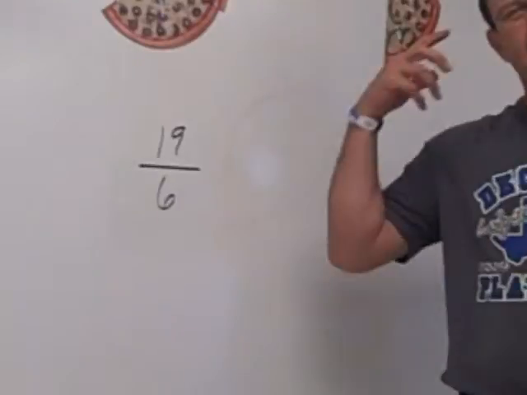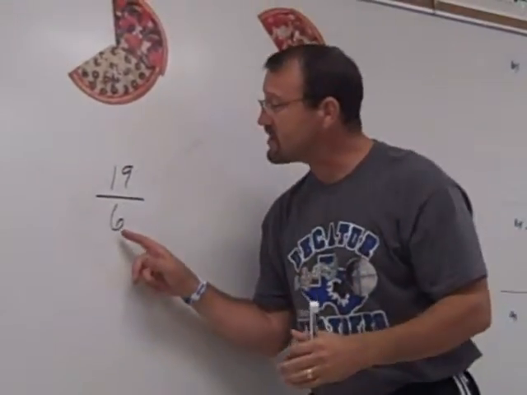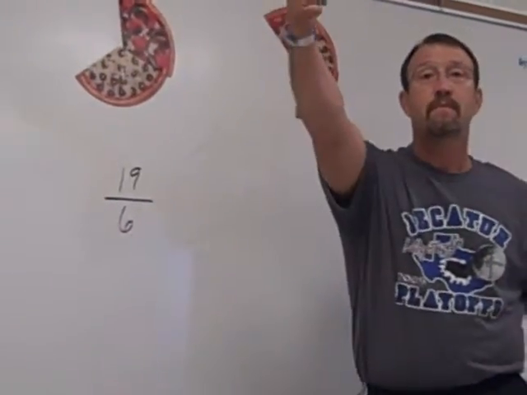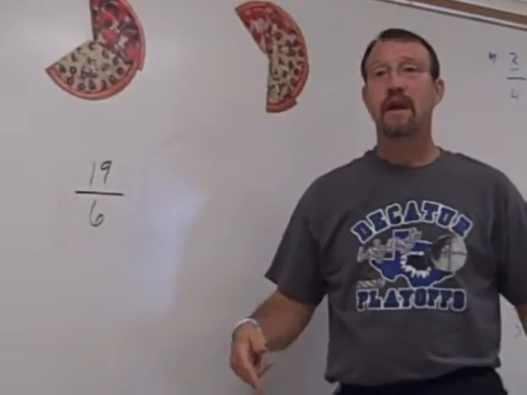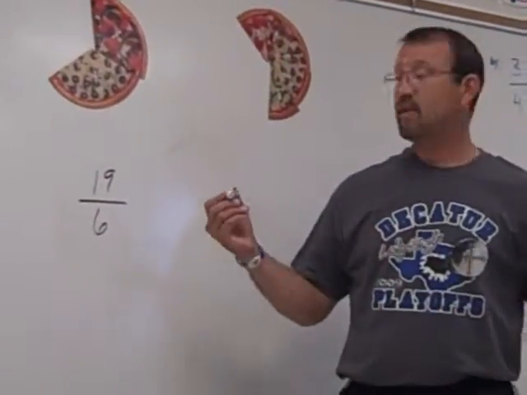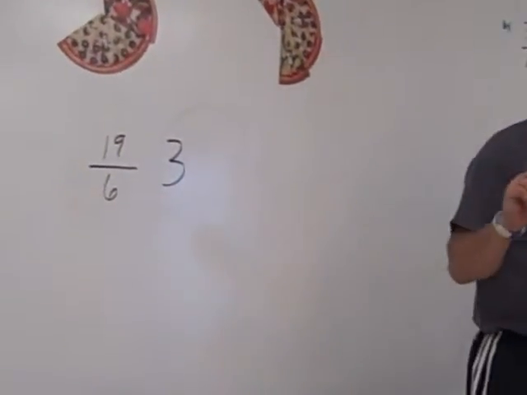So we're thinking mental math, remember? How many 6s can we take out of 19? 3. So what do we do with that 3? That's our big number, isn't it? That's our big whole number.